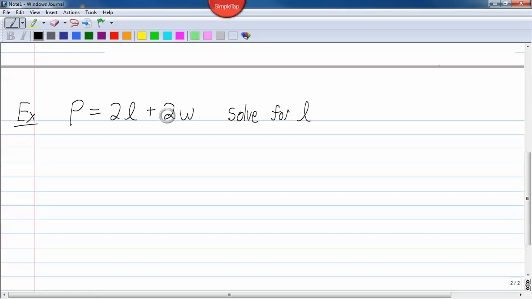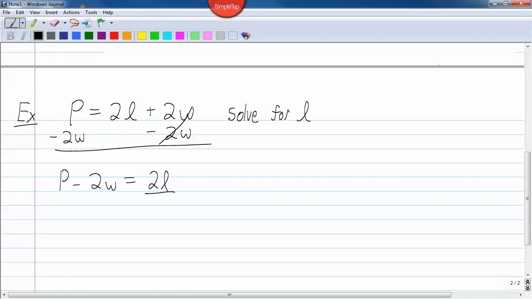Alright, to move this over to the other side of the equation, what do I do? I say minus 2W to both sides. So P minus 2W equals what? 2L. Now I have the L term by itself. What do I do to get L by itself?